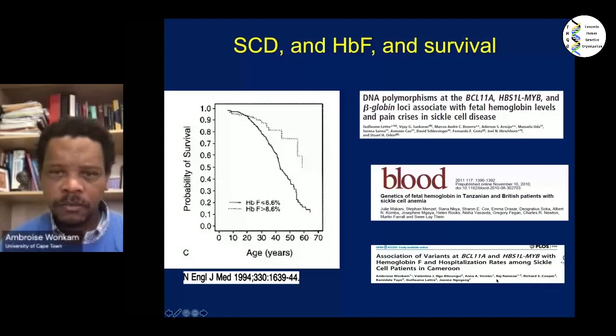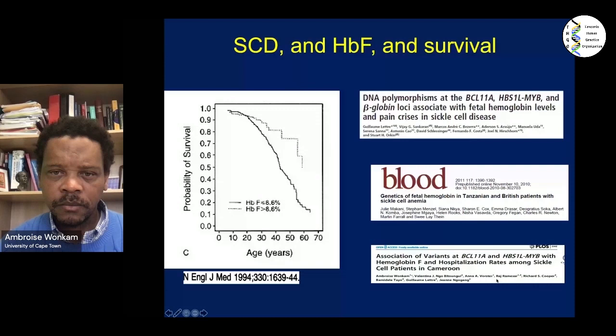And this was shown at least 40 years ago in the cooperative study in America. Fetal hemoglobin is a quantitative trait that is inheritable and is also subjected to genetic variation. Studies in Europe, in America, in Tanzania from Julie's work, and in our own work in Cameroon have shown that these variations are very common in sickle cell disease patients in the world.